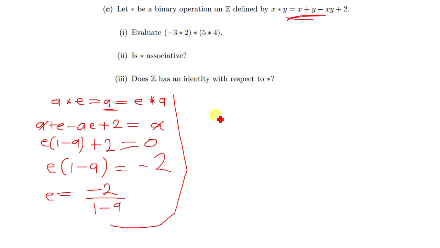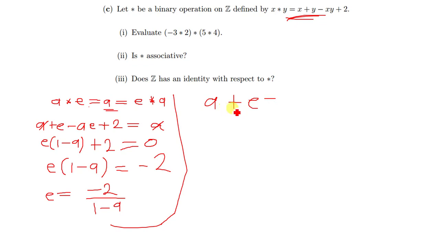Because what I know about identities is that if you are adding a plus any identity, let me just call it e, the one that we are used to.